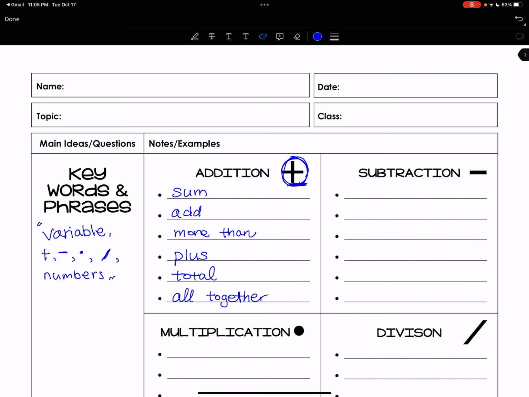Now we're going to talk about subtraction sign. So what kind of word phrases can be translated into subtraction sign?